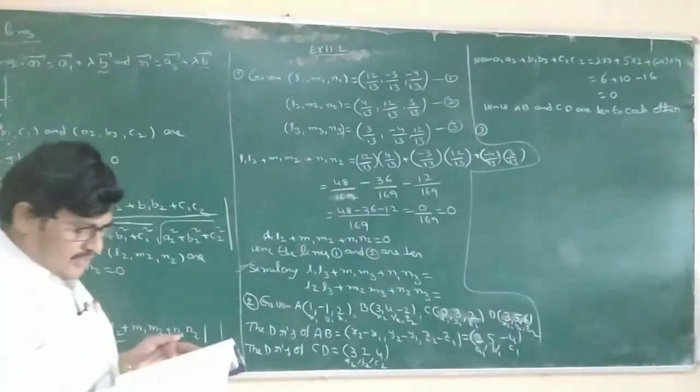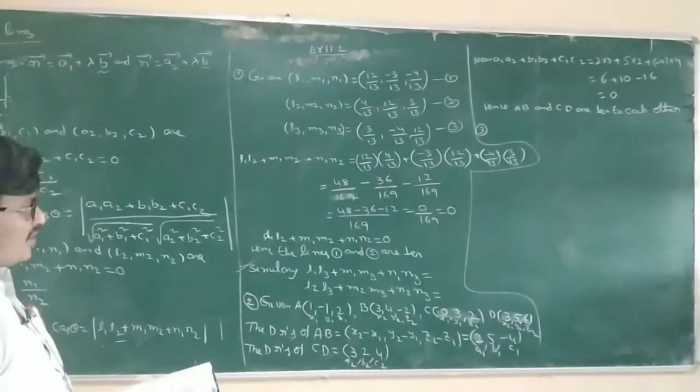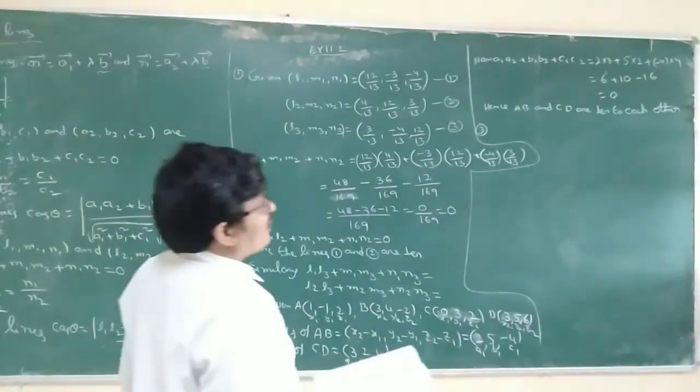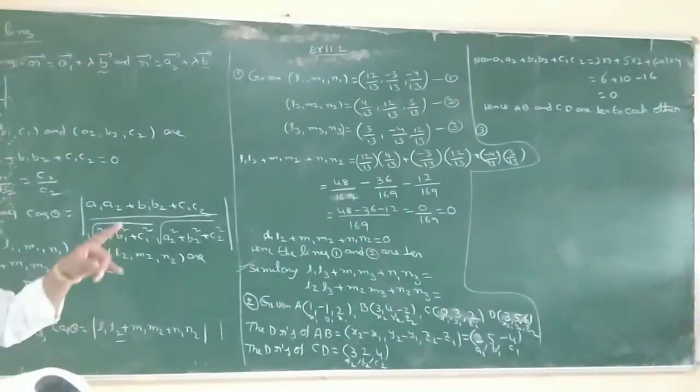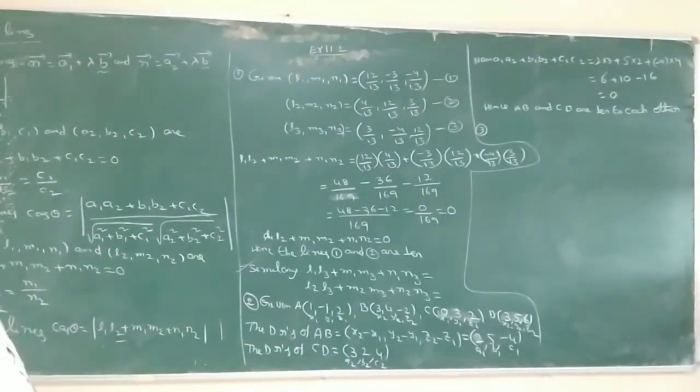Next, the third problem, same procedure. Four points A, B, C, D are there. Here it is not perpendicular but parallel. Show that lines AB and CD are parallel. What is the formula for parallel? A1 by A2, B1 by B2, C1 by C2.